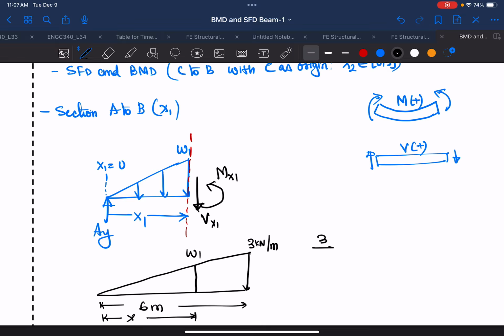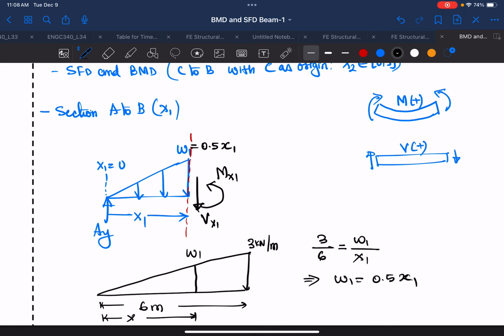So basically, we can use similar triangles. That means 3, which is the height of the big triangle, divided by the length of the big triangle, must be equal to W1, or the height of the small triangle, divided by x1. So in this case, W1 is equal to 0.5 x1, which is also true.